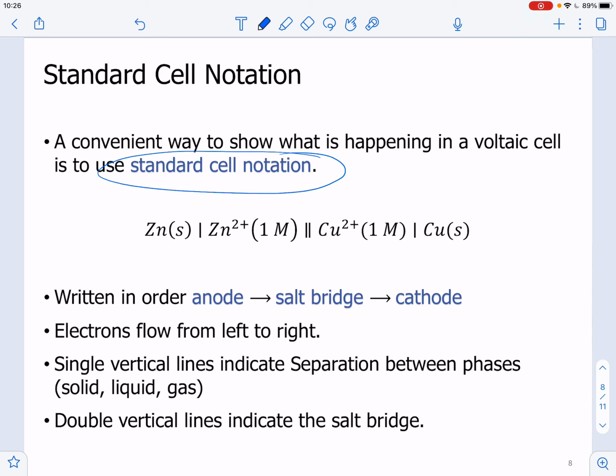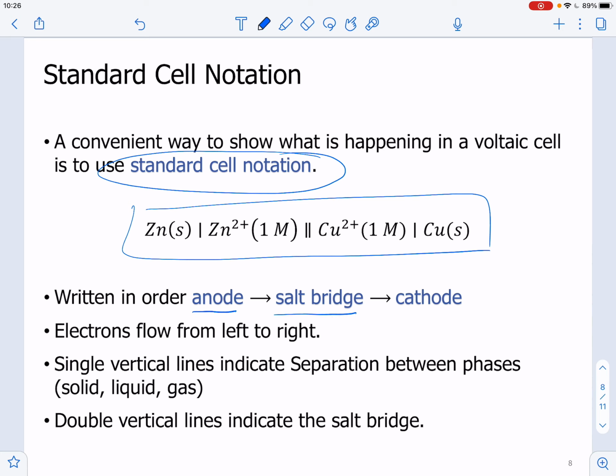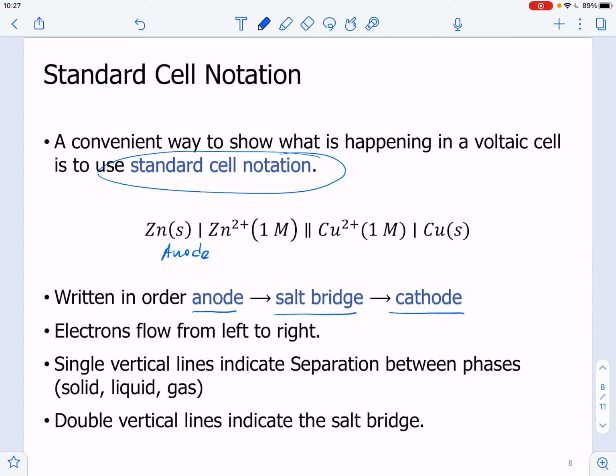In this particular case, this standard notation is describing the whole thing, and we are writing it in the same order that we see in that picture. You start with the anode, then the cell bridge in the middle, and the cathode goes to the far right. If you picture this as the cell that we previously worked with, this is the anode.